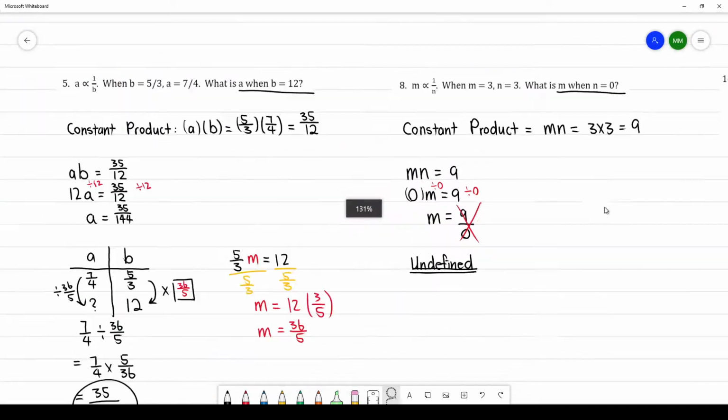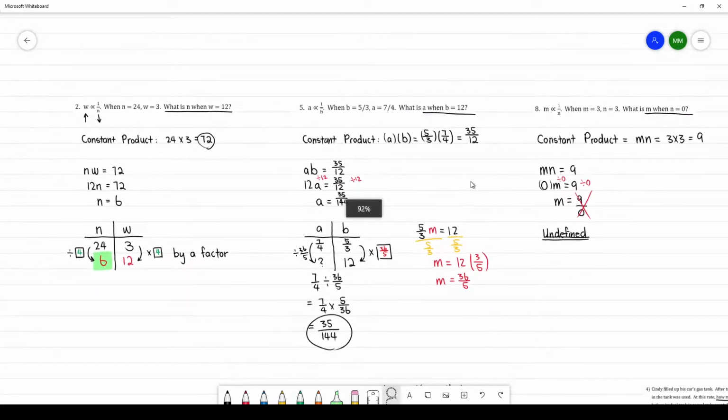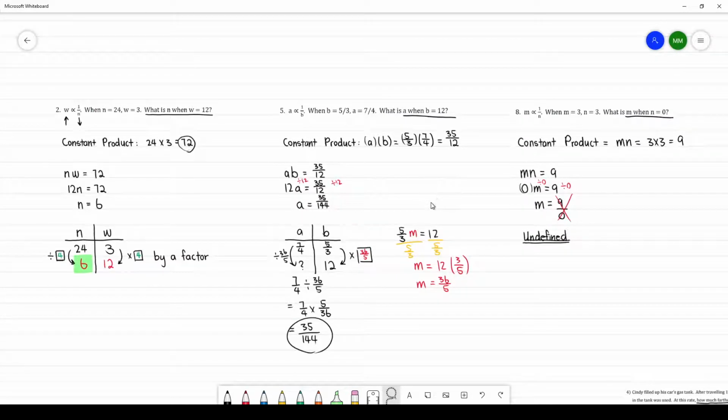Any questions so far about these 3 questions? Concerns, issues? If you don't have any, just type into the chat. Oh, you can't math? No, you can, Emma.